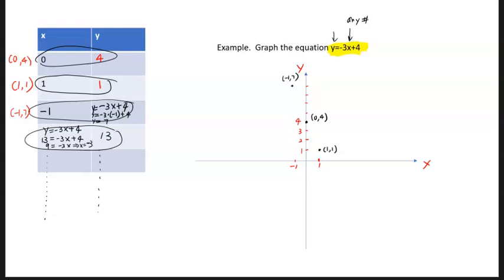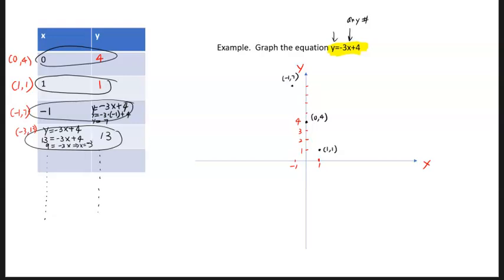And similarly, we can continue, -3. So we can also graph -3, 13, and so on. And if it's possible, we can graph the infinite many solutions with infinite many points. And these infinite many points, if we join them, here I only have 3 points, but you can pick some more.